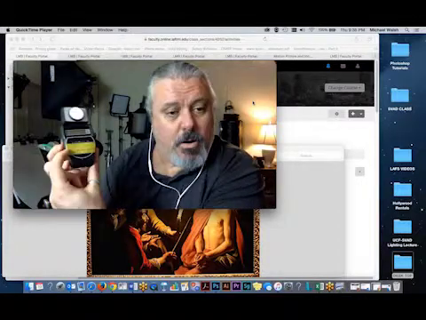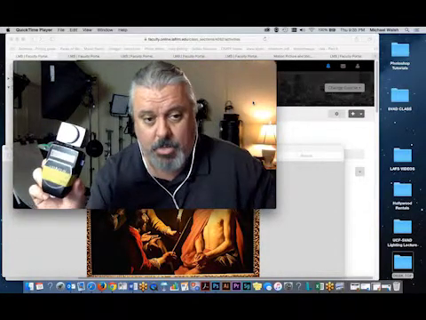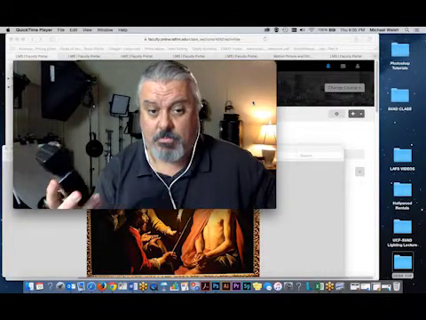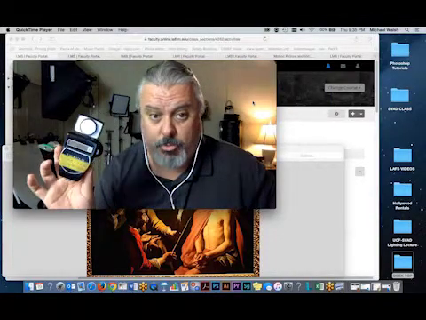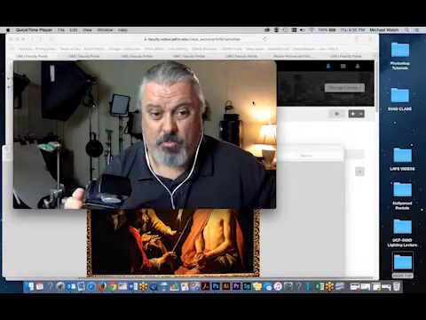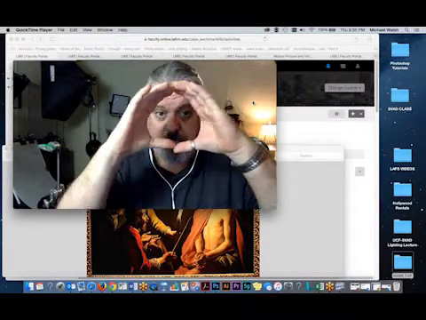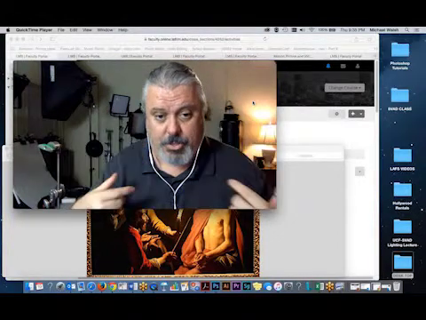You guys don't have 1.2 on your lenses. That would be a lens that was probably this big around with a lot of light gathering capability for shooting in low light situations. Your lens, I think, starts at around a 3.5. Very quickly, it closes down to a 4. By the time you get to the other end of your zoom lens, I think you're at a 5.6 or an 8.